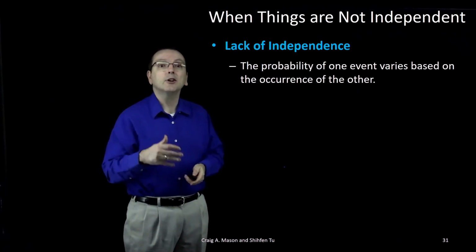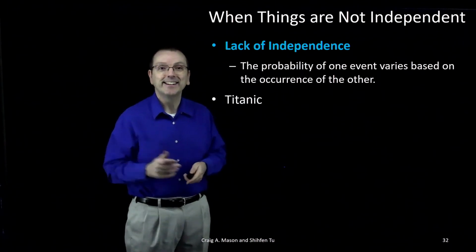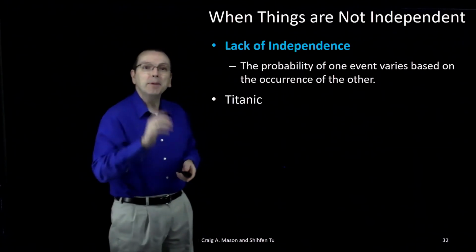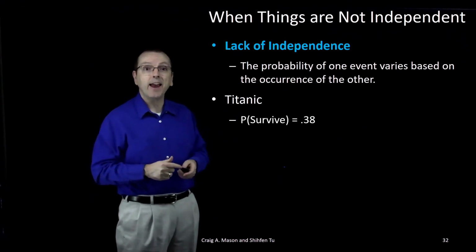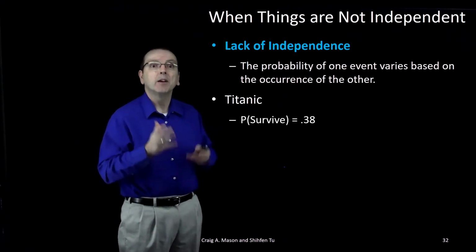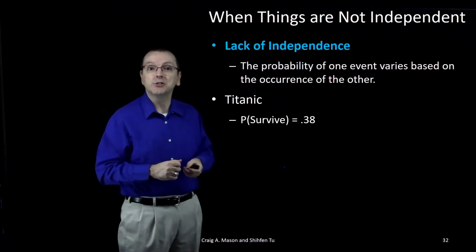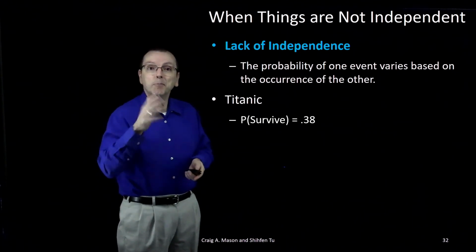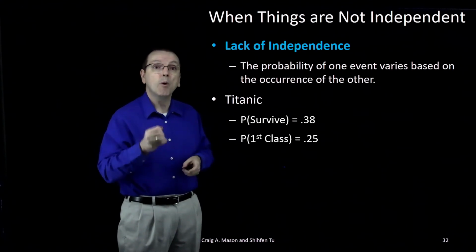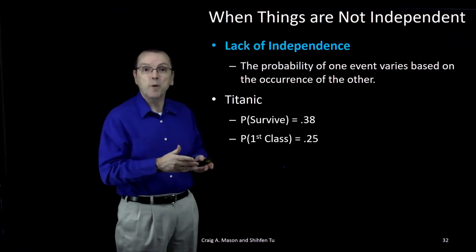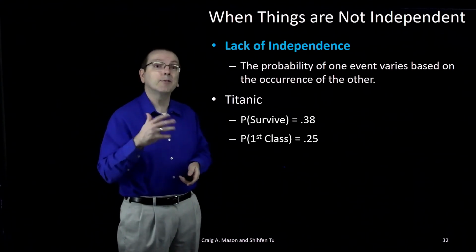To see that, let's look at the Titanic, right? The probability of a passenger surviving the sinking of the Titanic was 0.38. 38% of the passengers survived. And the probability of a passenger being in first class was 0.25. 25% of the passengers were in first class.